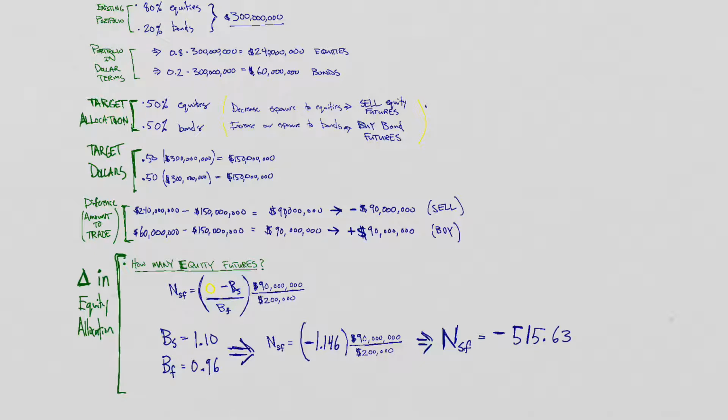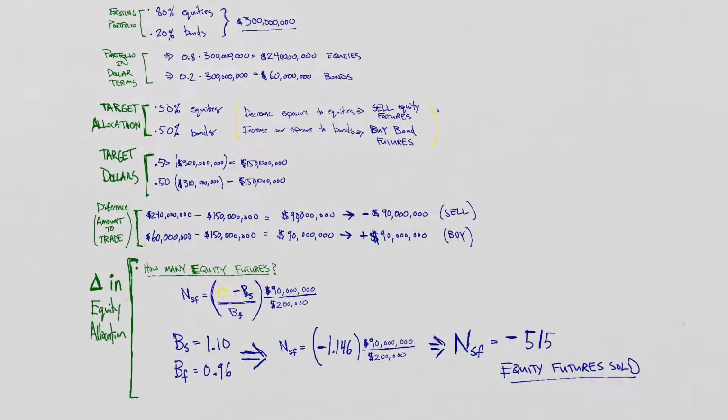And so we can't buy 0.63 of a contract. We'll have to just get as close as we can get. So it won't be a perfect hedge, but it'll be pretty close. We'll sell 515 equity futures. And so we're almost there. We figured out how many equity futures we need to sell.